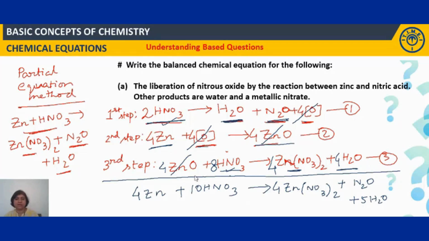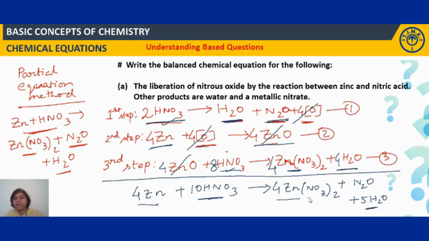Let us check once again. Okay. Left hand side 4 Zn, right hand side 4 Zn. So zinc is balanced. Now let us check the second element. Hydrogen, 10 hydrogen in the left hand side, and right hand side you see 5 2s are 10. So right hand side also 10 hydrogen. Let's look at nitrogen. 10 nitrogen in the left hand side.